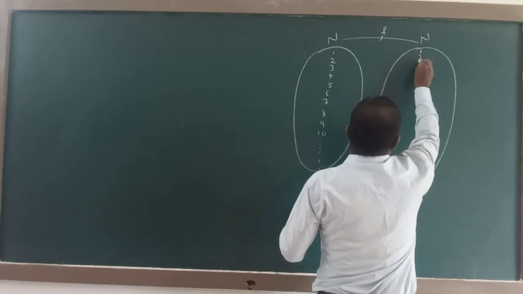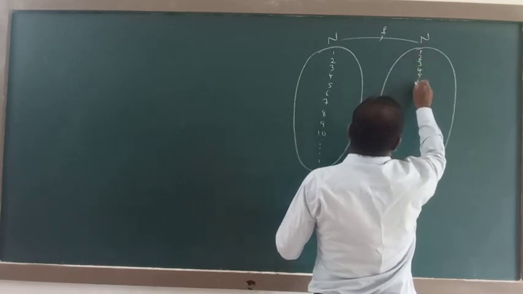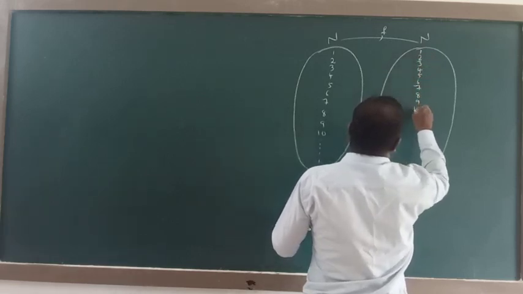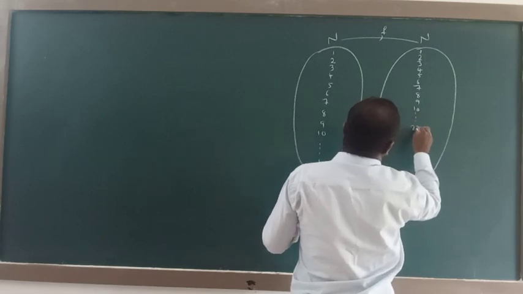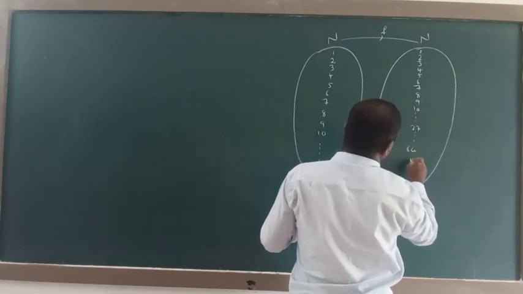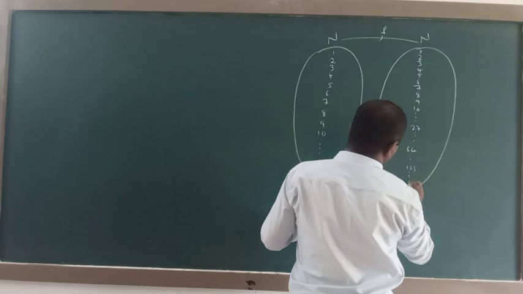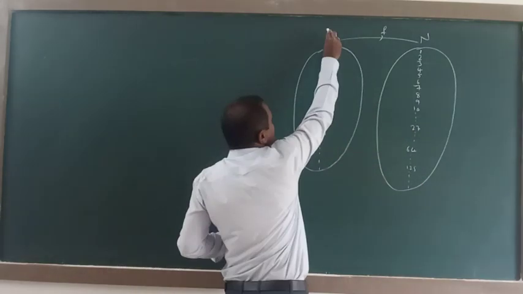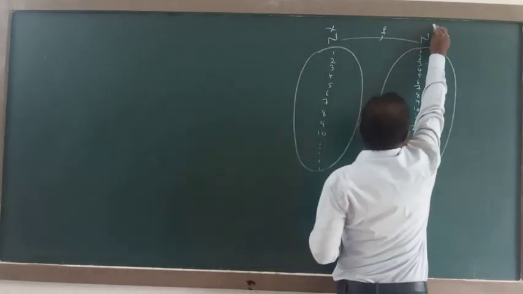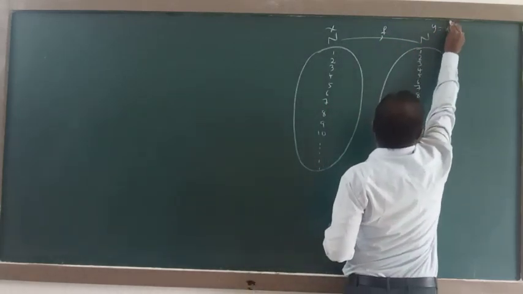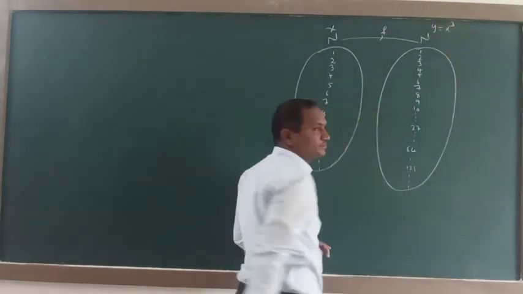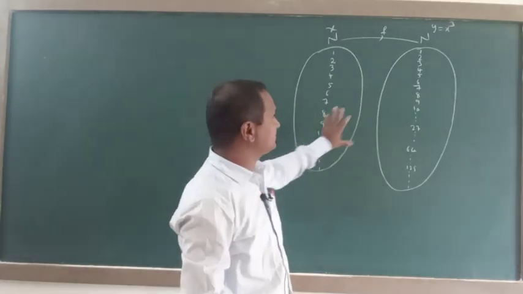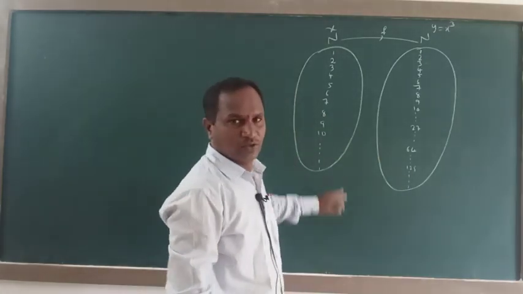And on the other side 1, 2, 3, 4, 5, 6, 7, 8, 9, 10, 27, 64, 125, like these numbers. It is x, and y equals x cube, because f of x equals x cube is given here.